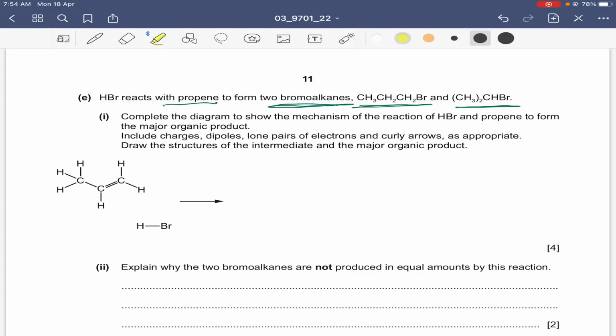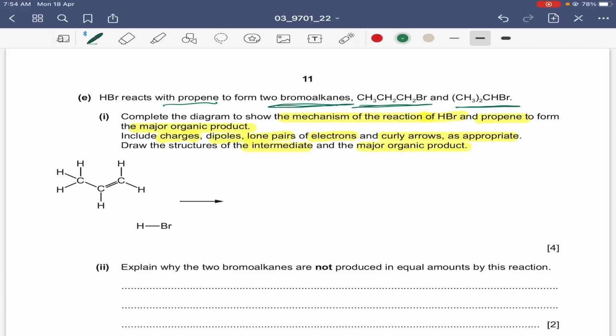Complete the diagram to show the mechanism of the reaction of HBr and propene to form the major organic product. Include charges, dipoles, lone pairs of electrons, and curly arrows as appropriate. Draw the structure of the intermediate and the major organic product.